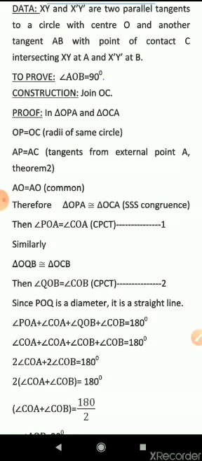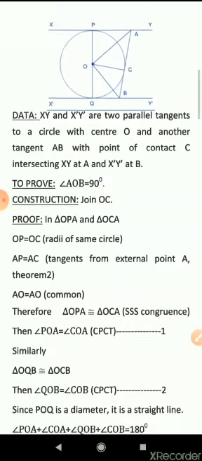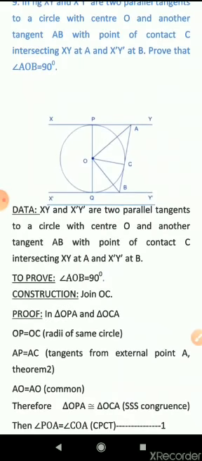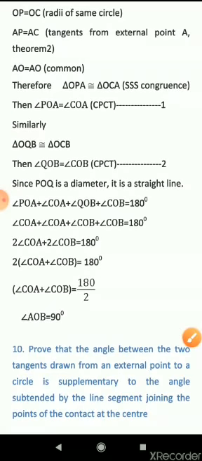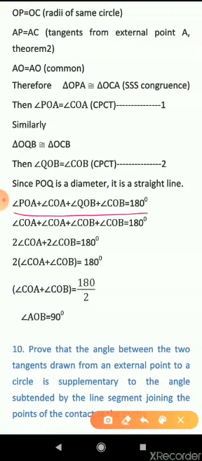Adding all these angles: angle POA, next angle AOC, angle COB, angle QOB. If you add all these angles, we get 180 degrees.